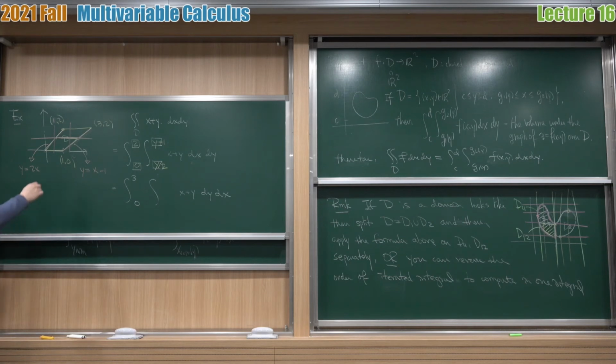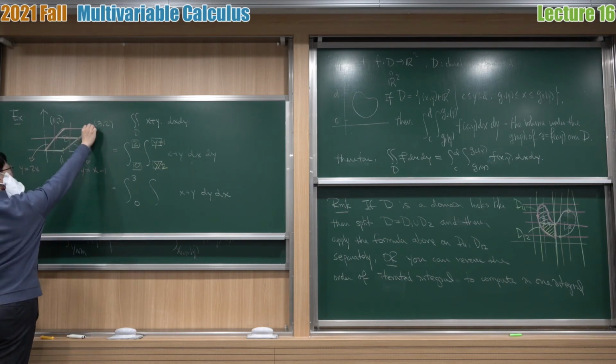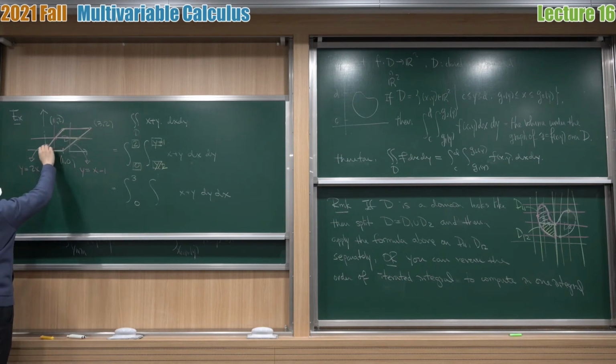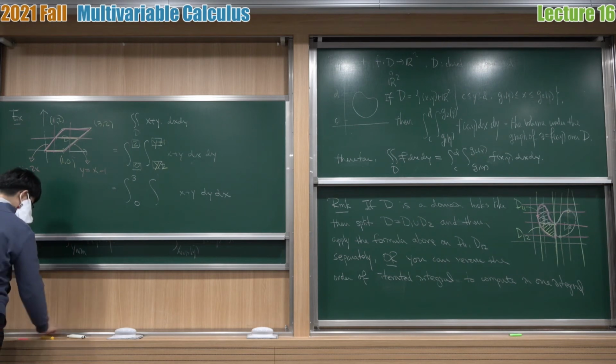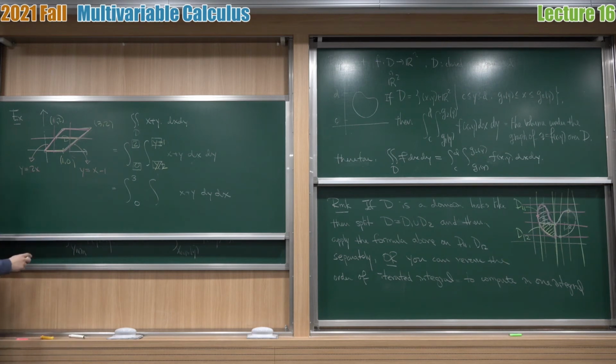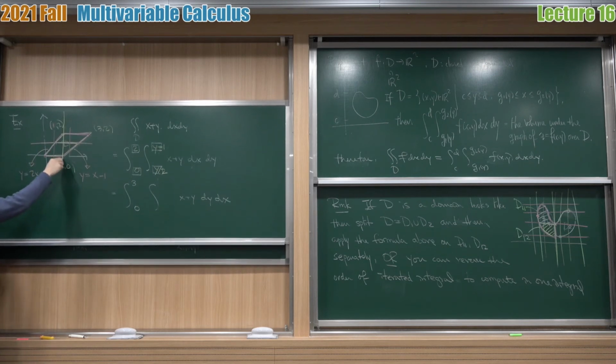So you have to find the formula for these functions: the function whose graph is like this, and the function whose graph is like this, right? But you cannot use one formula for that function. So what you have to do is split, right? You split into the cases when x is less than 1 and bigger than 1.